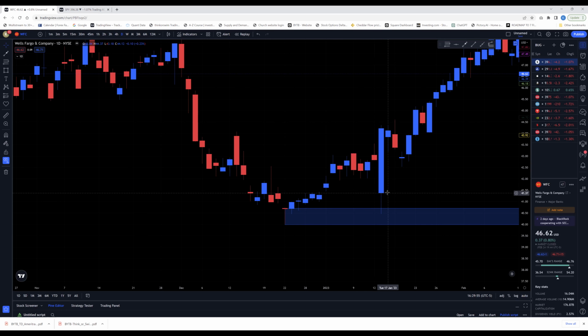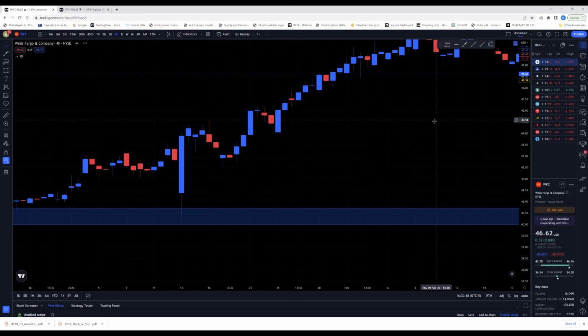It started down here. So this was a gap right here. So this would have been perfect because it gapped down, came right into the demand zone and then shot up. So I wouldn't use that so much as a basing candle because you want the basing candle and the big candle to be right next to each other. Those are going to give you your strongest areas.